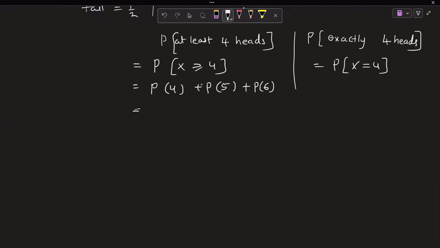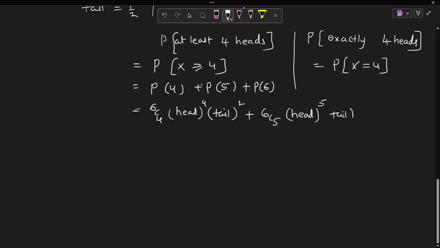P of 4 means out of 6 coins tossed, select any 4 showing heads, and the tail will be 2. Plus P of 5 means 6C5, 5 heads are required, and if 5 coins show heads, 1 coin shows tail.